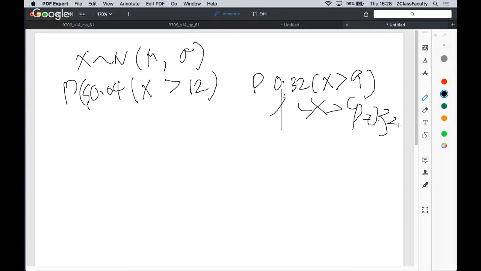And as I said, I think it's always better to draw the graph first. So how would you represent them on the graph? Which part of the graph represents the probability of X greater than 12? A small part.